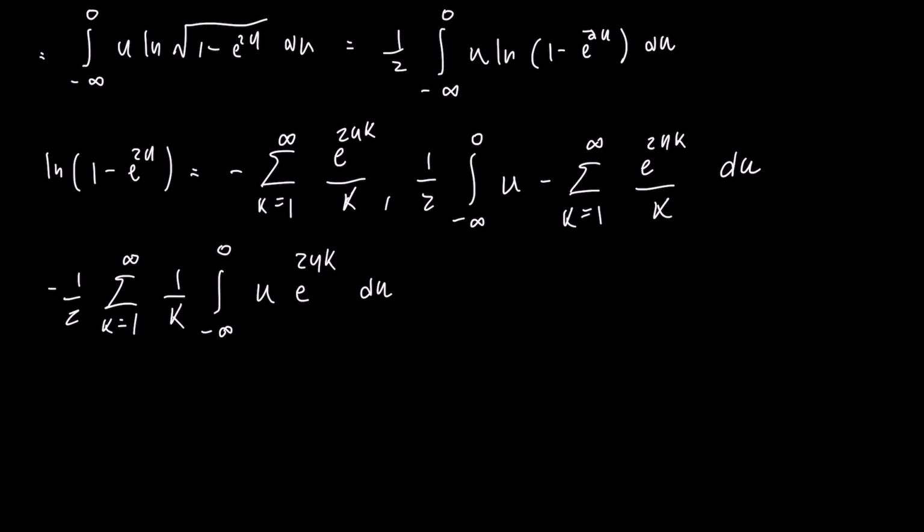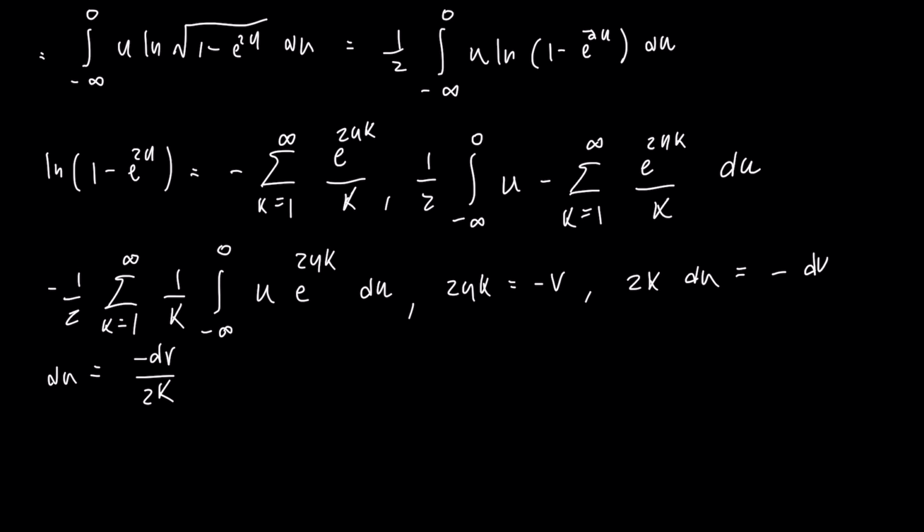And from here, we'll make a substitution. So we're going to let 2uk equal negative v. So this means that 2k du equals negative dv. And solving for du, we have du is negative dv over 2k.